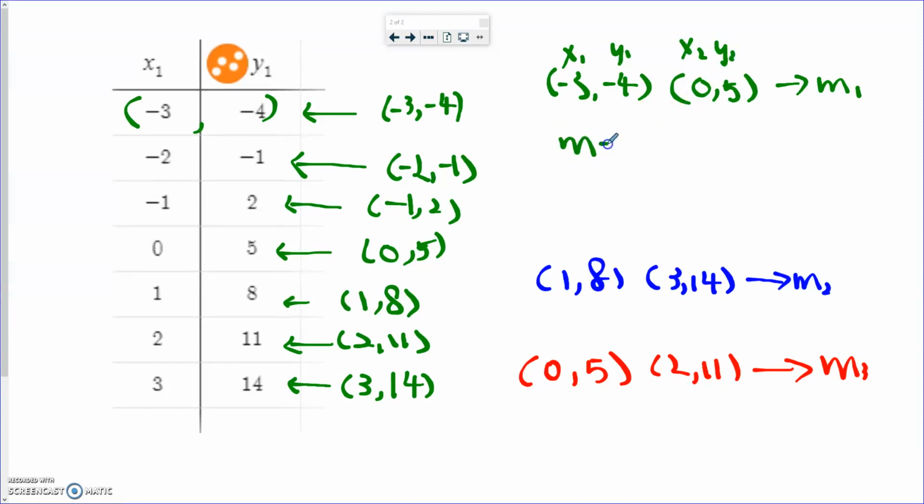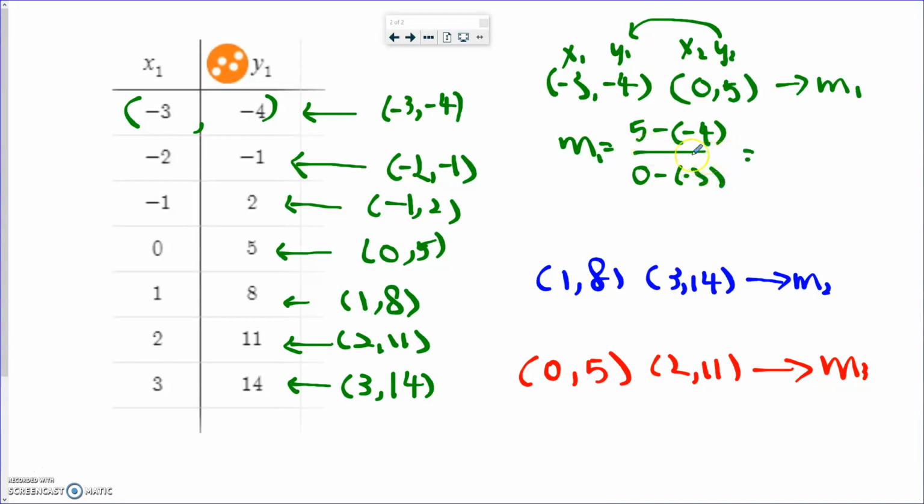So m1 is equal to y2 minus y1. The y's go together, so they should be on top. So 5 minus -4. The x2 and x1 go together, so 0 minus -3.